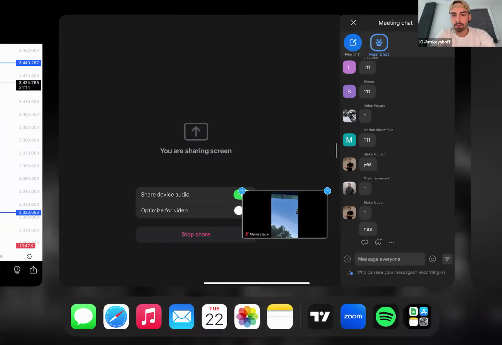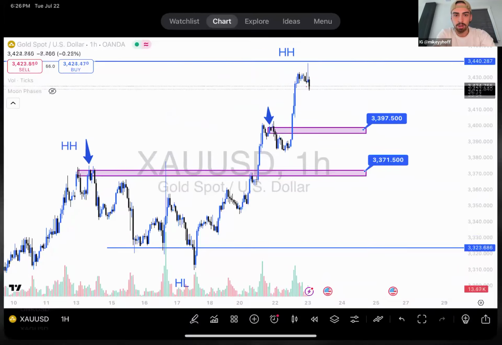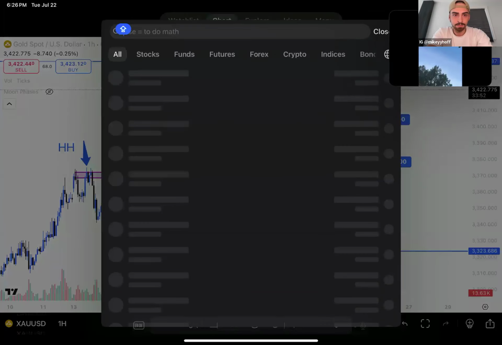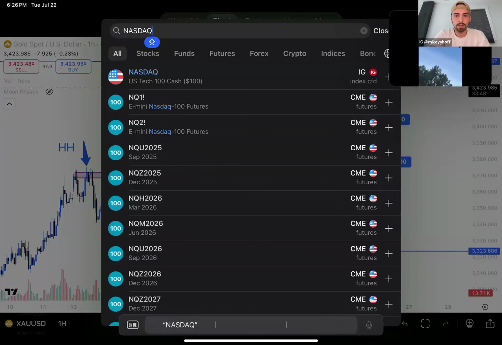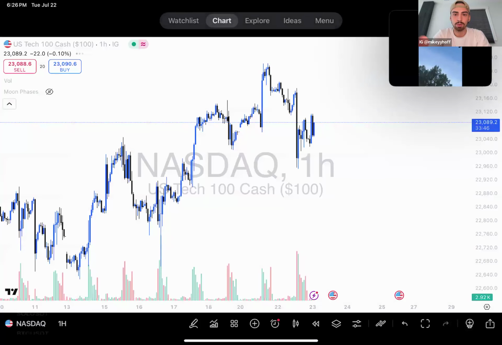Another thing to note as well, while we pull up this NASDAQ chart here, is don't get married to the idea that the market has to go in your direction. The market is going to do what it wants, but what you want to do is focus on the areas that you have.